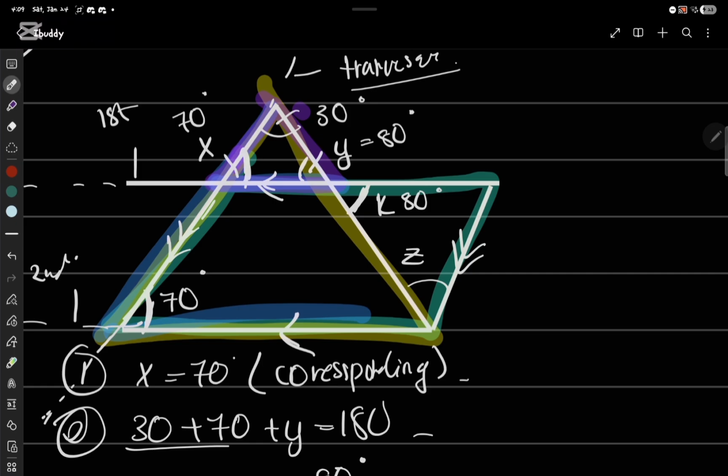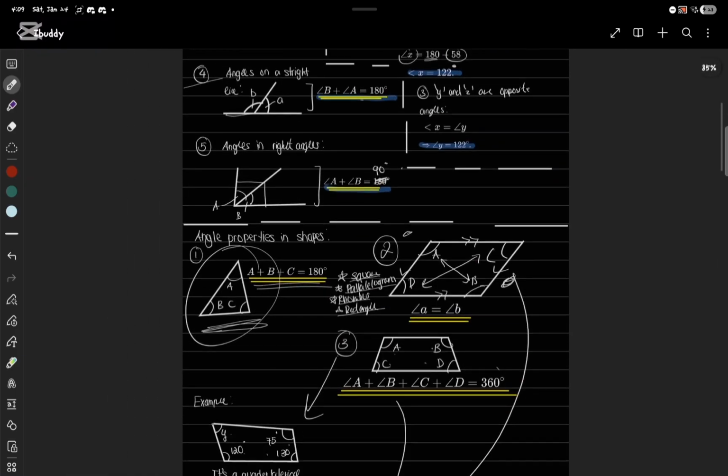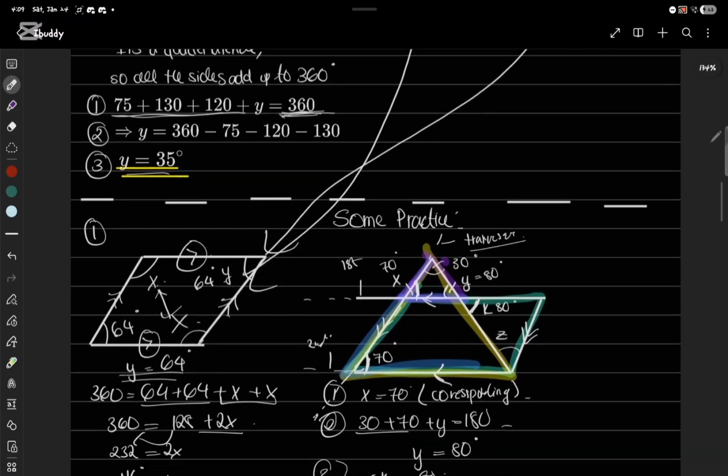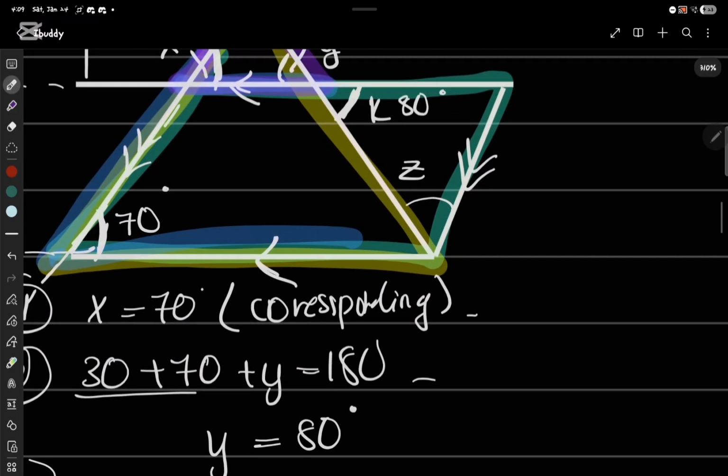From here, our last step is to actually consider the parallelogram. Parallelogram rule, I said earlier: in a parallelogram, opposite sides are congruent. So this side here, they're opposite, right? So that would be 70 as well.